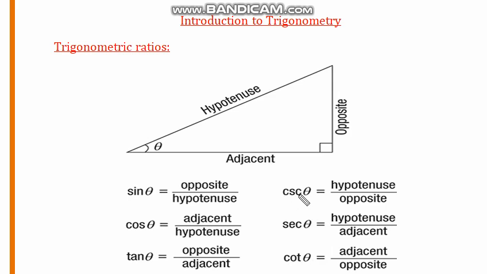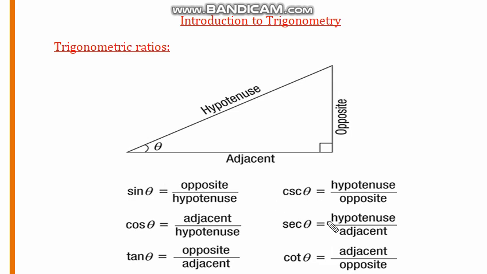This is cosecant theta, short form cosec theta. Cosecant theta means hypotenuse by opposite, so cosecant theta is the inverse of sine theta. See, sine is opposite by hypotenuse, and this is hypotenuse by opposite.